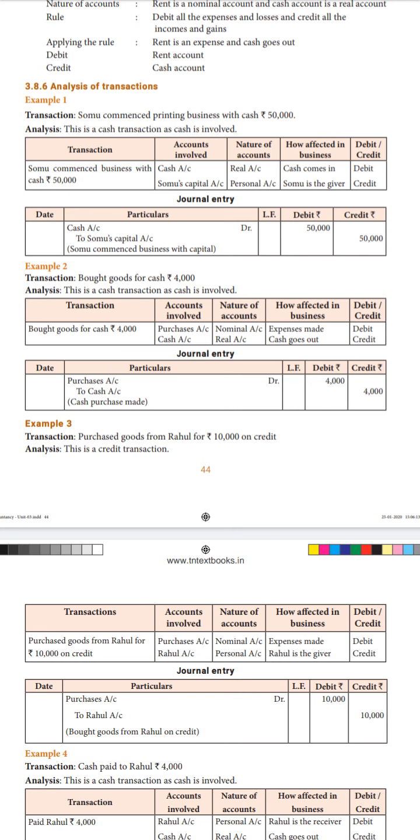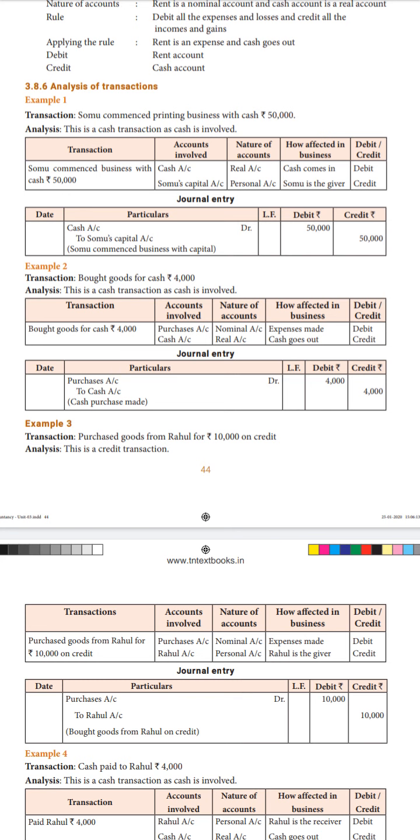Again, you will write the journal entry with date, particulars, ledger folio, debit, credit. Since you are debiting purchases account in your analysis, you write purchases account Dr., leave some space, and write to cash account. For the narration you can write: bought goods for cash.